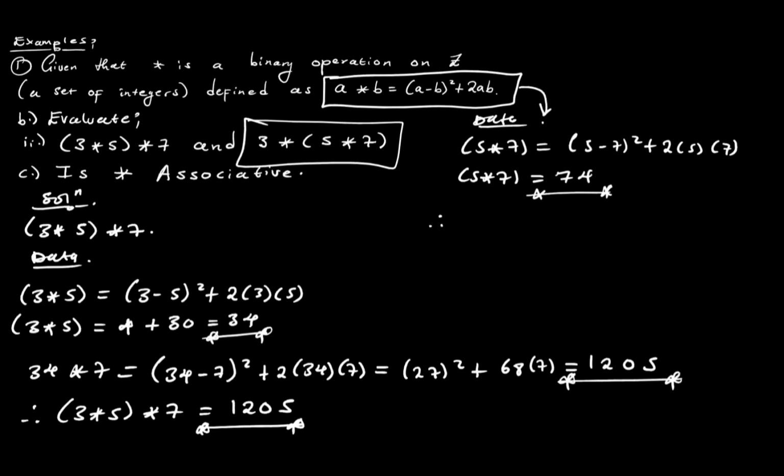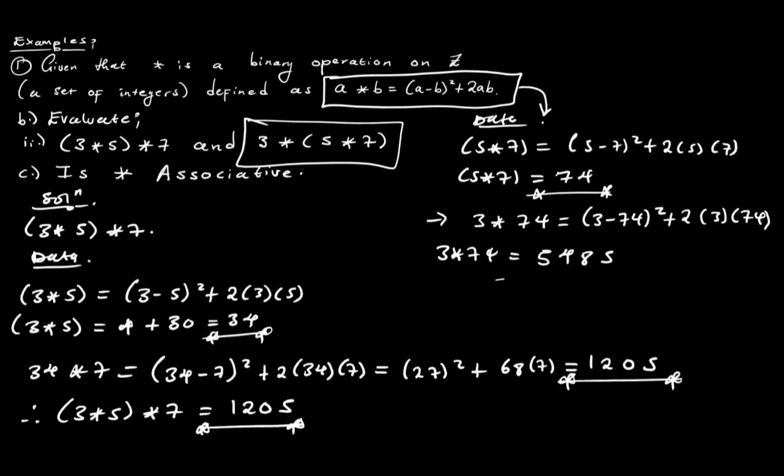This implies that 3 star 74 will give me 3 minus 74 squared plus 2 times 3 times 74. And the operation of 3 star 74 will give me a value of 5,485. And that will be our value.